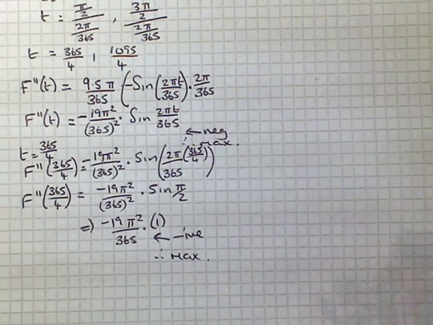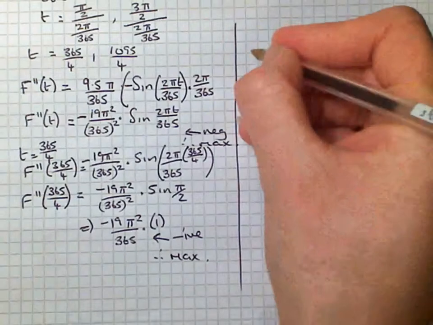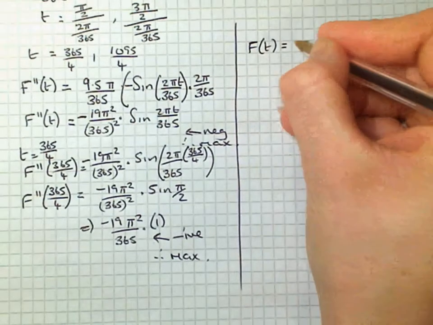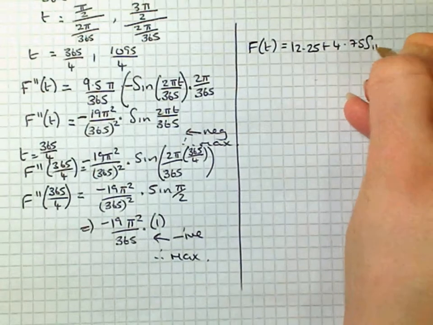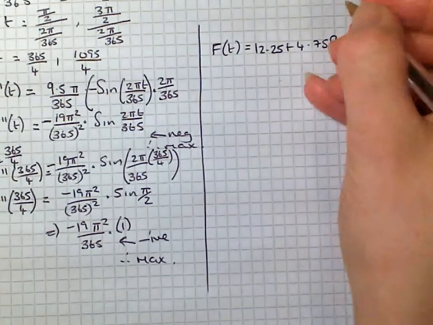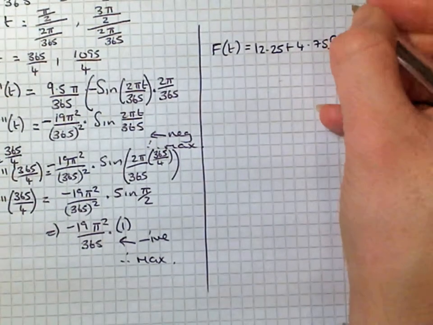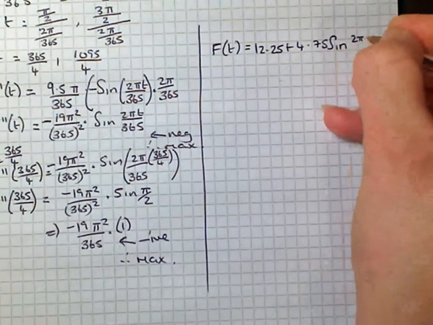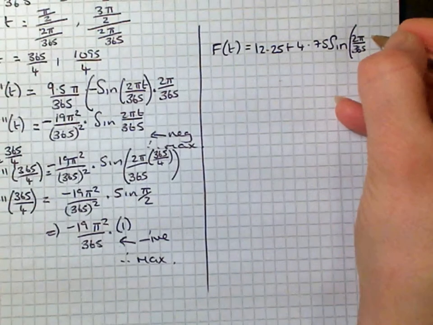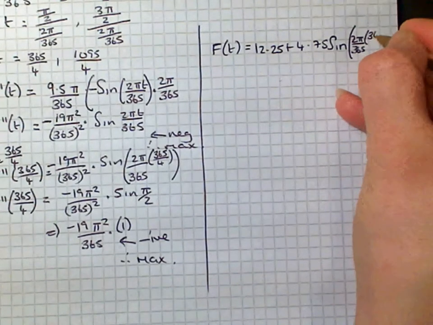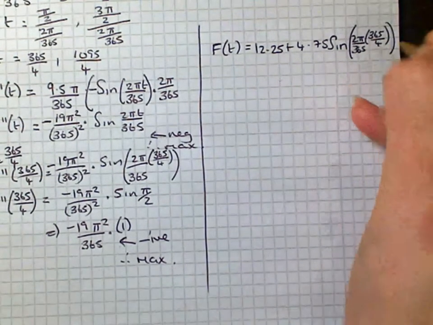So the question asked us to find the length of the longest day. And remember, the length of the day was given by the function f(t) equals 12.25 plus 4.75 sine of 2π over 365 times t, and I'm just going to put t in here as 365 over 4.